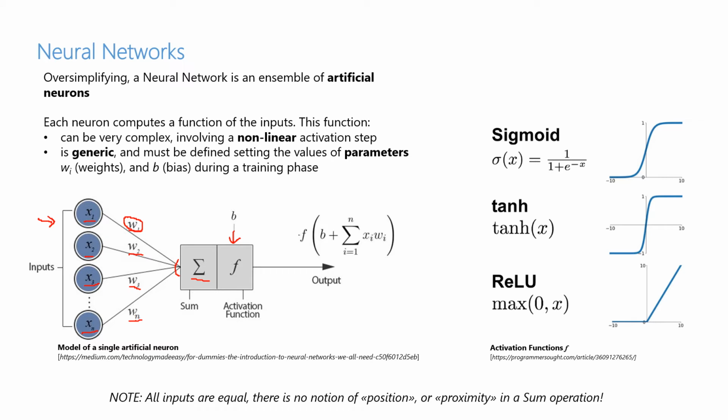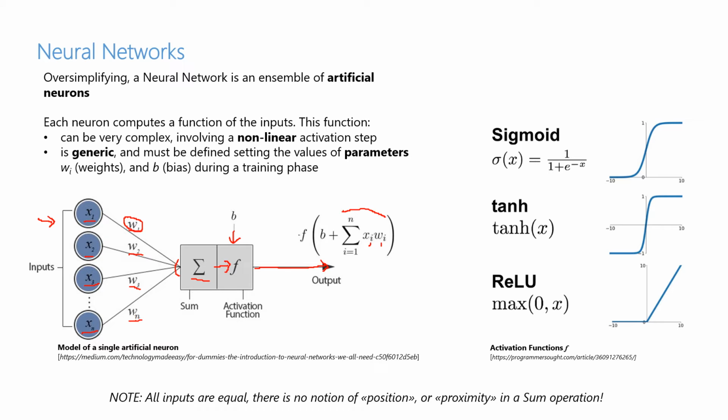This term is the input of a function called activation function, and the output of the activation function is the output of the neuron. We can see the same concept in this formula, where we have our input for each one for its own weight.